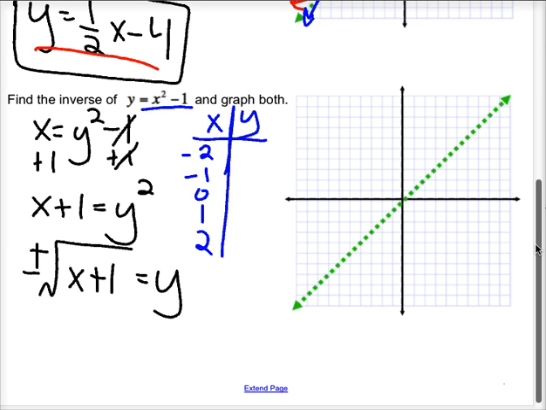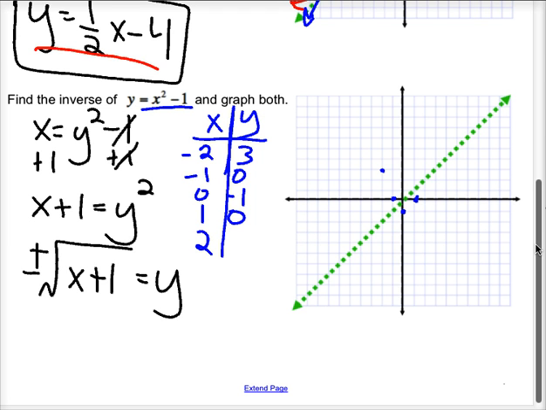So I plug in -2. Negative 2 squared is 4, minus 1 is 3. So negative 2, 3. Plug in negative 1. Negative 1 squared is 1, 1 minus 1 is 0. Plug in 0. 0 squared is 0, minus 1 is a negative 1. 1 squared is 1, minus 1 is 0 again.